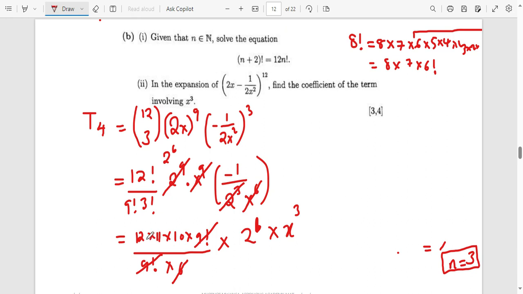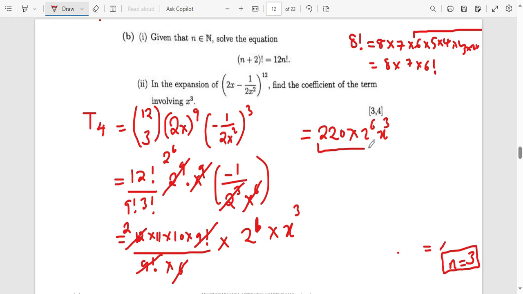This 6 can go into 12, and the answer will be 2. So here 2 times 11 is 22. 22 times 10 is 220. Remember, you have got times 2 to the power 6 and then x to the power 3.